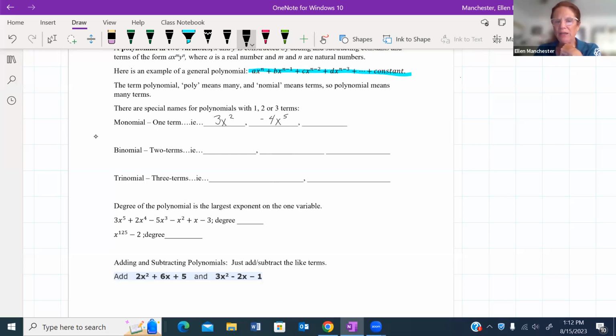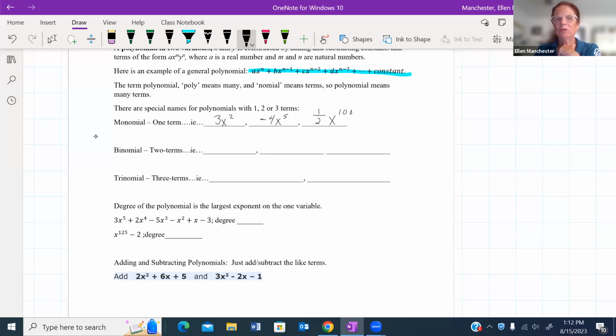Notice the 3 and the x squared are multiplied, the -4 and the x to the 5th are also multiplied. I could even have 1/2 x to the 100th. That's a monomial. It's a coefficient attached to an x value that has a natural or counting number as an exponent.